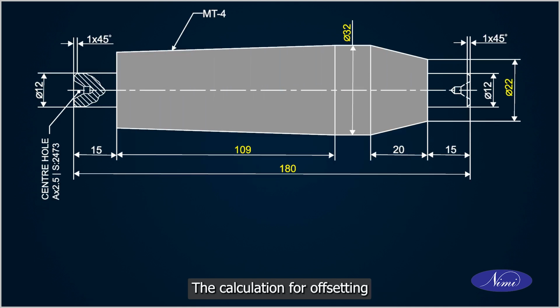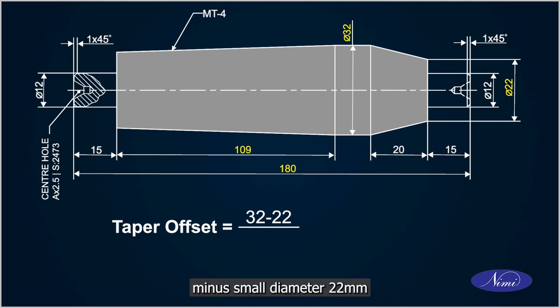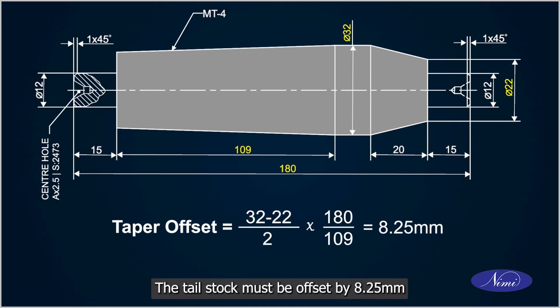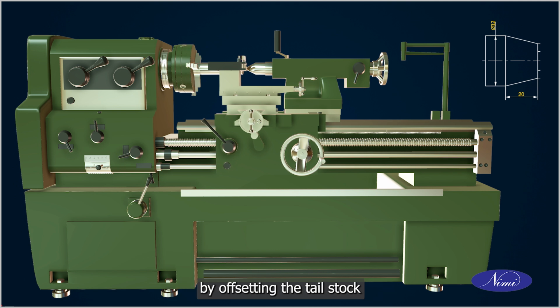The calculation for offsetting the tailstock for this taper is as follows: large diameter 32 mm minus small diameter 22 mm, divided by 2, multiplied by total length of the specimen 180 mm, divided by length of the taper 109 mm. The tailstock must be offset by 8.25 mm. Perform the taper turning operation by offsetting the tailstock.